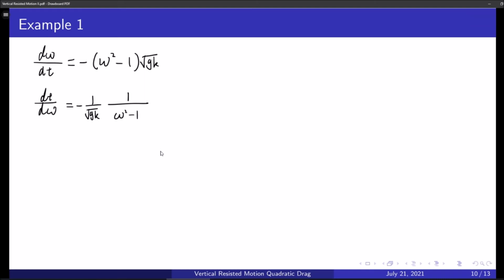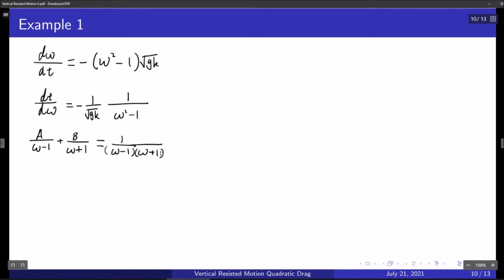And I hope you can recognize that we have a partial fraction decomposition in our hands. So we need to find a over omega minus 1 plus b over omega plus 1 equal to 1 over omega minus 1 times omega plus 1.